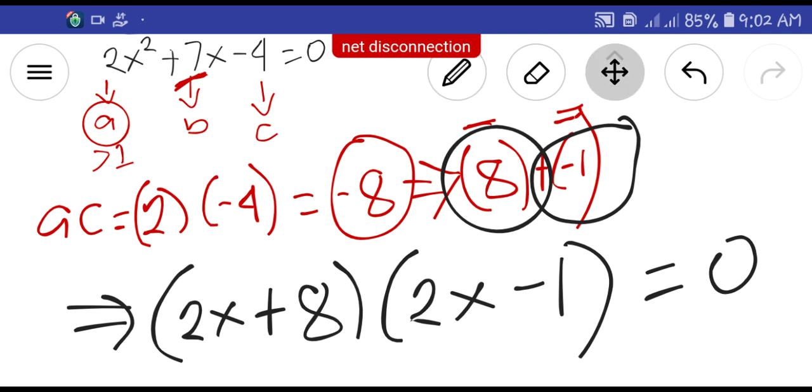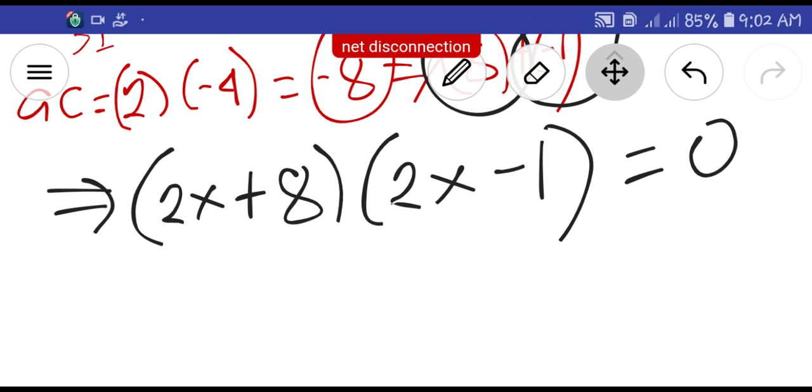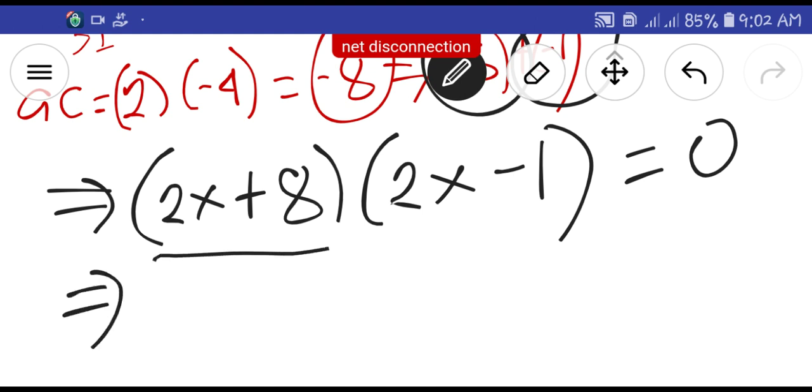Now to get the roots of this one, we'll just have to equate. But first, take note that this thing could be reduced into x plus 4 by dividing by 2.